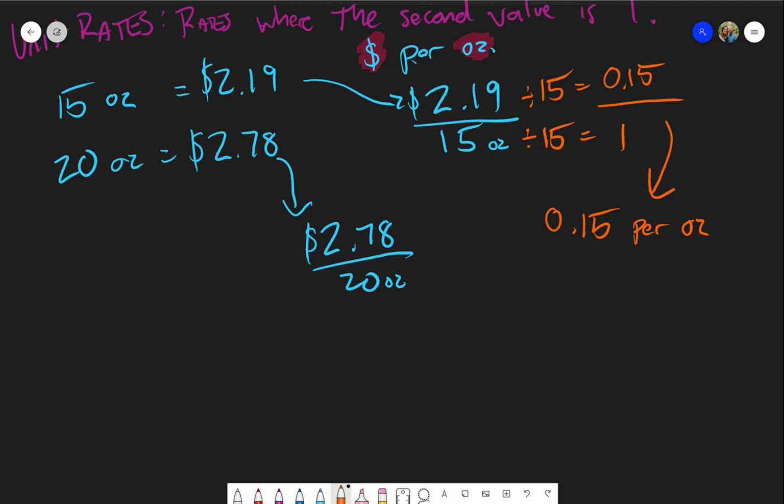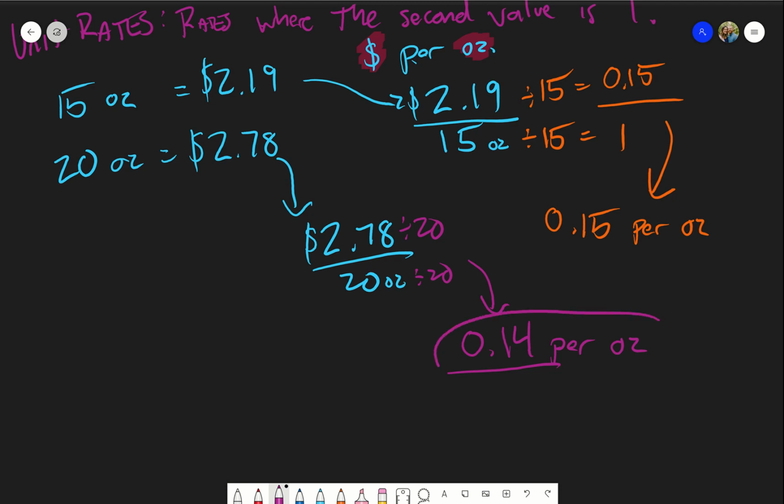Every ounce is about 15 cents. Here, I'm going to do the same thing with 20. Divide by 20. I'm going to do 2.78 divided by 20 to get right about 14 cents per ounce.